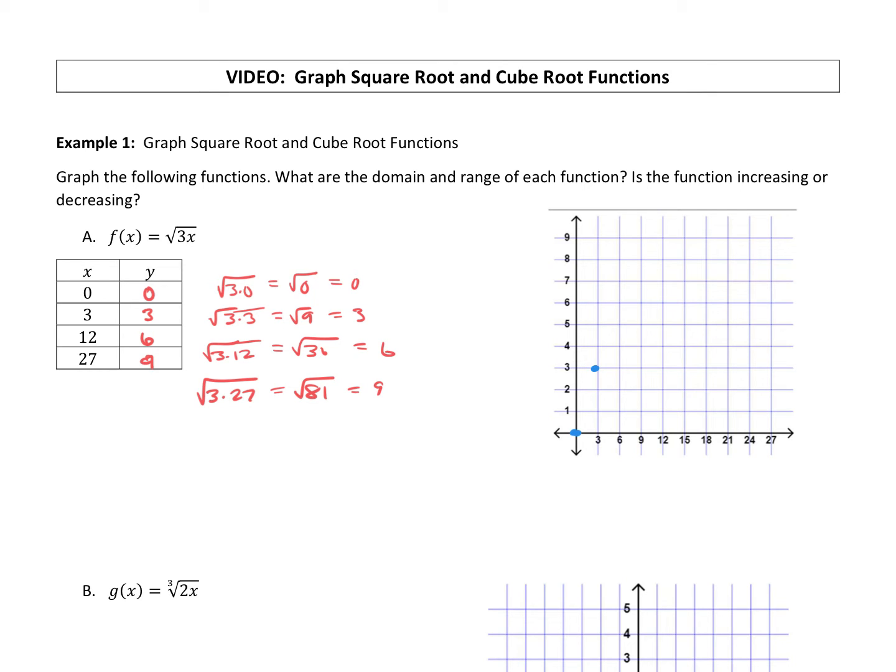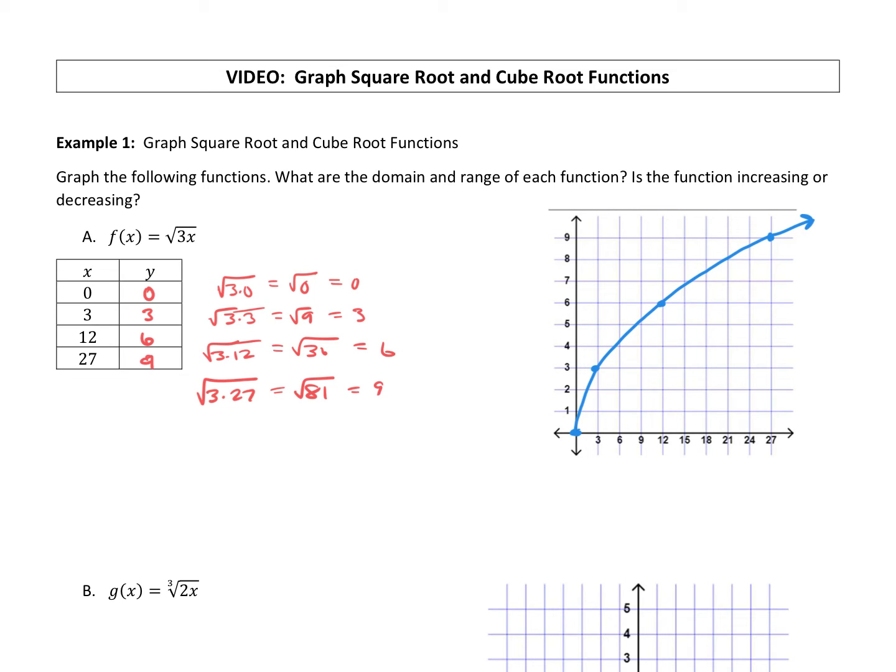Then we're going to go over 12 and up 6. It's right there. Over 27 and up 9. And then our function starts at that 0, 0. There's not an arrow on that end, but this would continue forever in that direction.